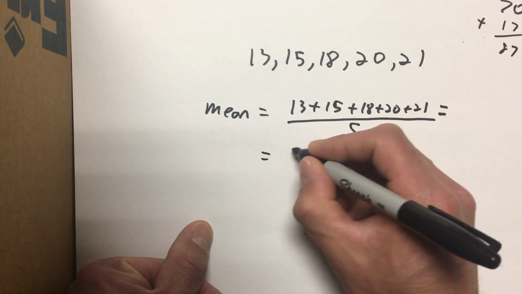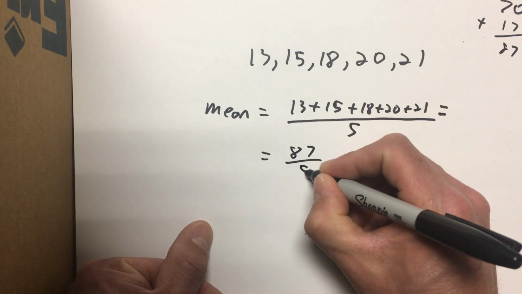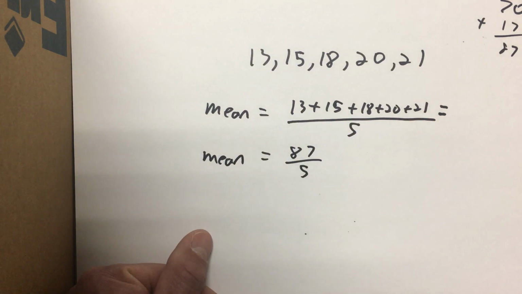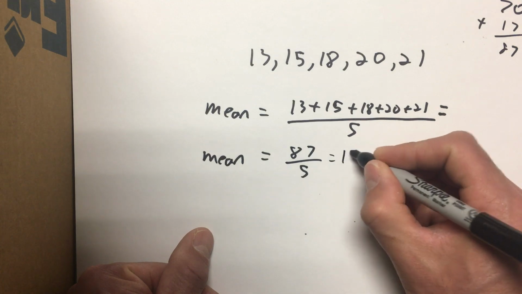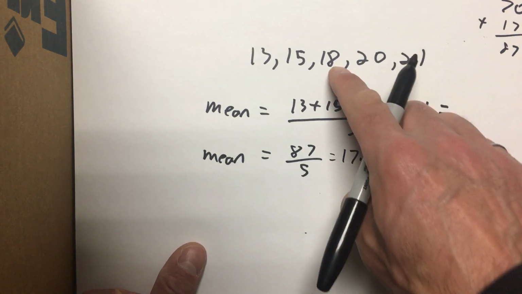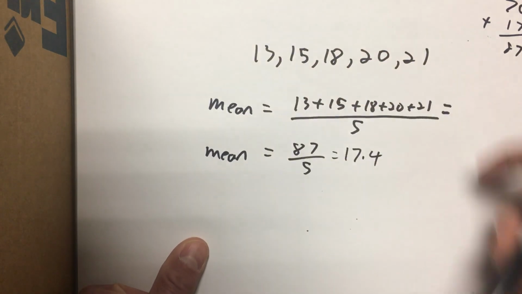So it is 87 divided by 5. It is 17.4. Now, 17.4 looks rather typical amongst these numbers.